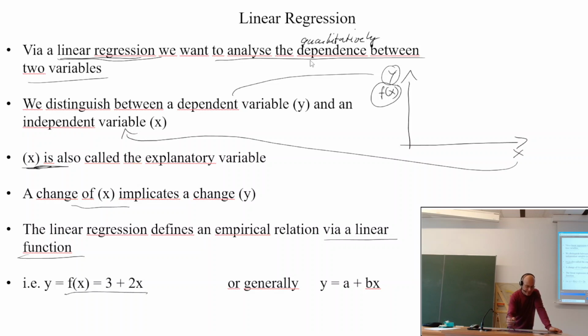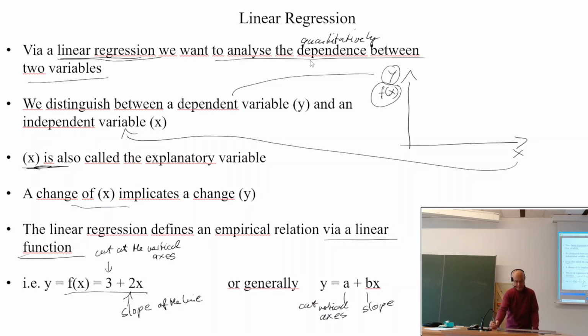So an example, f of x equals 3 plus 2x, and this would be the cut at the vertical axis, and this is just the slope of the line, or in general, our linear function is defined by two parameters, a and b, the cut at the vertical axis, and this is just the slope.